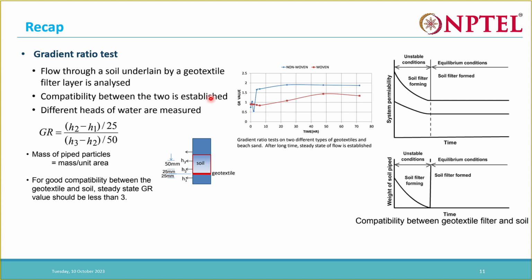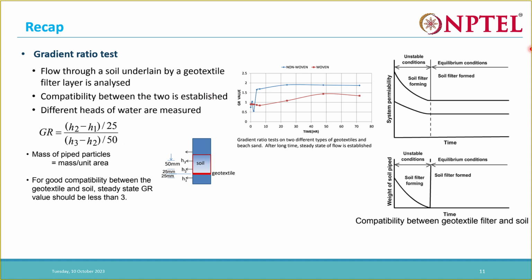So we need to ensure that the geotextile that we are using with our soil, both of them are compatible. That means there should not be loss of soil through the geotextile, the filter should work properly, and the filter should allow adequate passage of water through it. Also, we need to ensure that the filter is not getting clogged. So to establish this compatibility, we generally do this gradient ratio test.